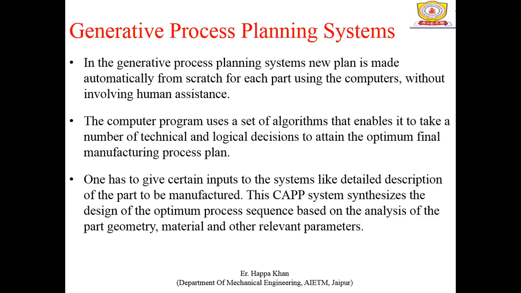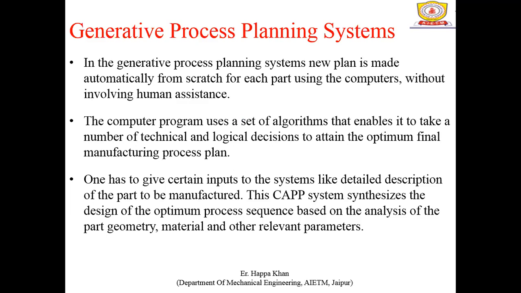So basically in retrieval process planning, you have to decide the code for a particular part and enter that code inside the computer. Then you will get the particular process plan for that part. But in generative process planning, you need not generate any type of code.